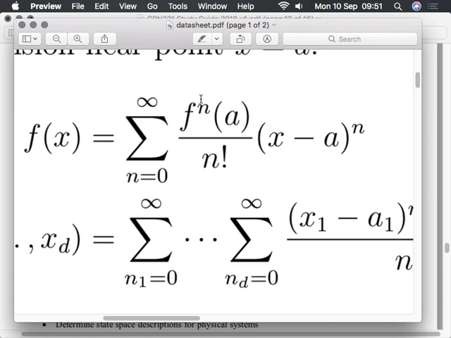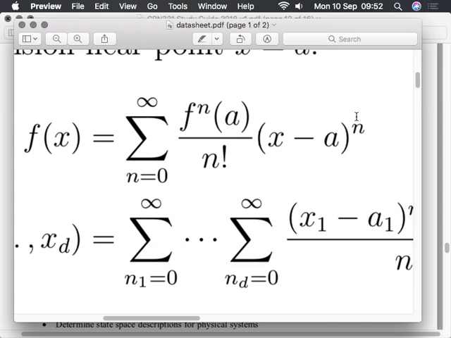So if n is equal to 0, I'll end up with f to the 0. That's supposed to indicate an n-th derivative. So a 0 derivative is just the function value at the point a divided by 0 factorial, which is 1, multiplied by this to the power 0, which is also 1, and so I just have the function value by itself.